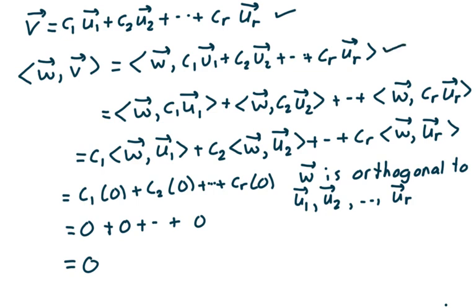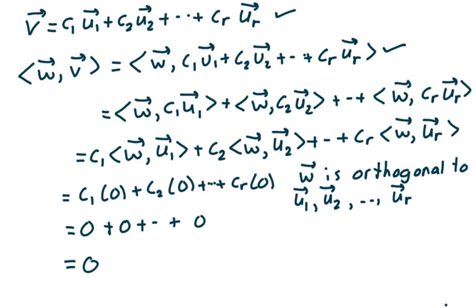And now I'm going to break it apart. So this is the inner product of W and C1 u1, plus the inner product of W and C2 u2, plus ... plus the inner product of W and Cr ur.